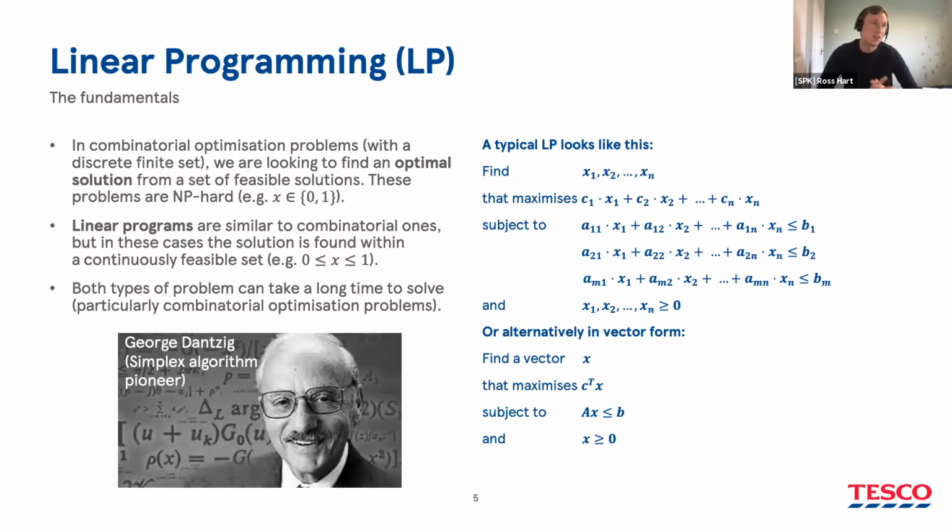The key thing here is that these objective functions have to be linear for you to have a linear program, hence the name. These c values here are constants, effectively; they don't change. And then the next thing that defines a linear program is a set of constraints, which are quite similar to that linear objective function, in that they're constants multiplied by the x values, and then you add them all up, and you're usually subject to some kind of constraint.